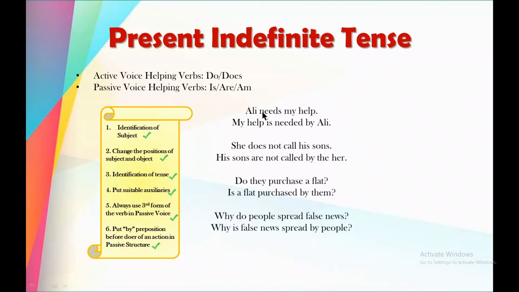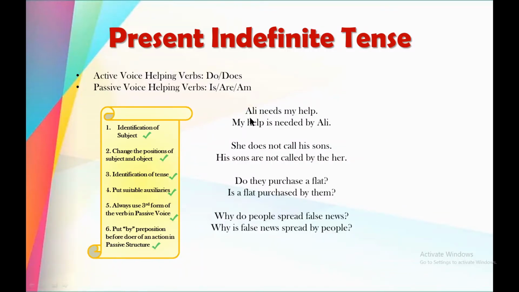So change the positions of subject and object, we have done it, and then the identification of tense. My dear students, unless you recognize the type of tense in use in the sentence "Ali needs my help," you cannot change it into passive structures, because every tense has its own way of changing the voice. In present indefinite tense, my dear students, we use s or es with the singular subject.